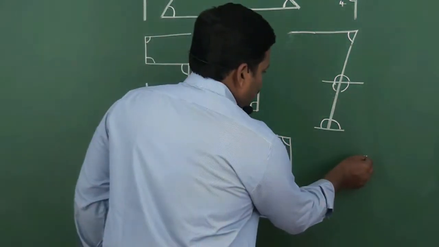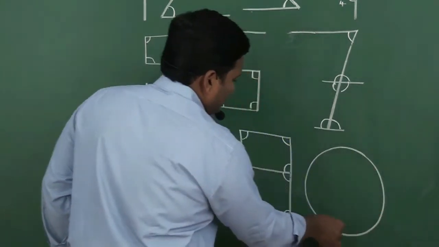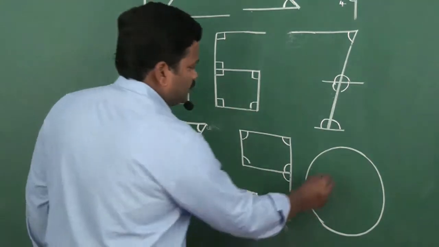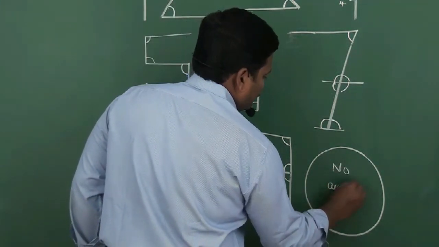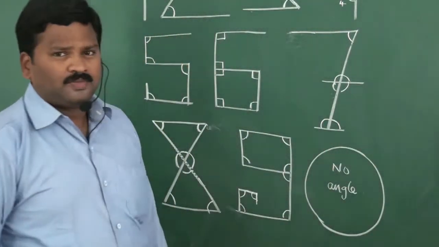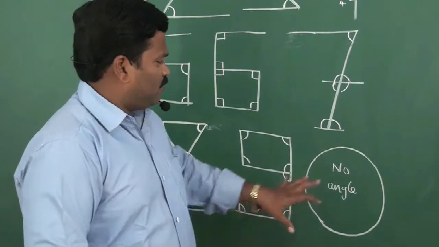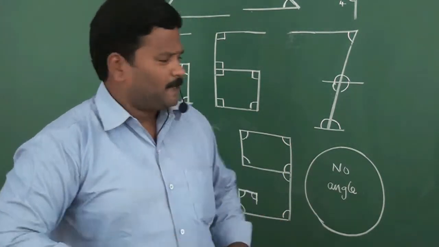Since 0 has no angle, that's why this figure is named 0. After the invention of 0, now the number system became very simple.